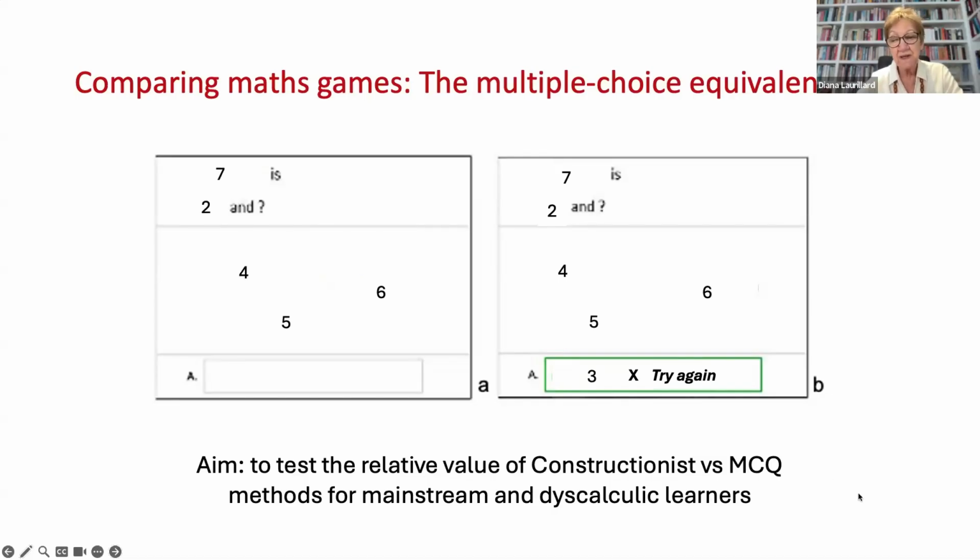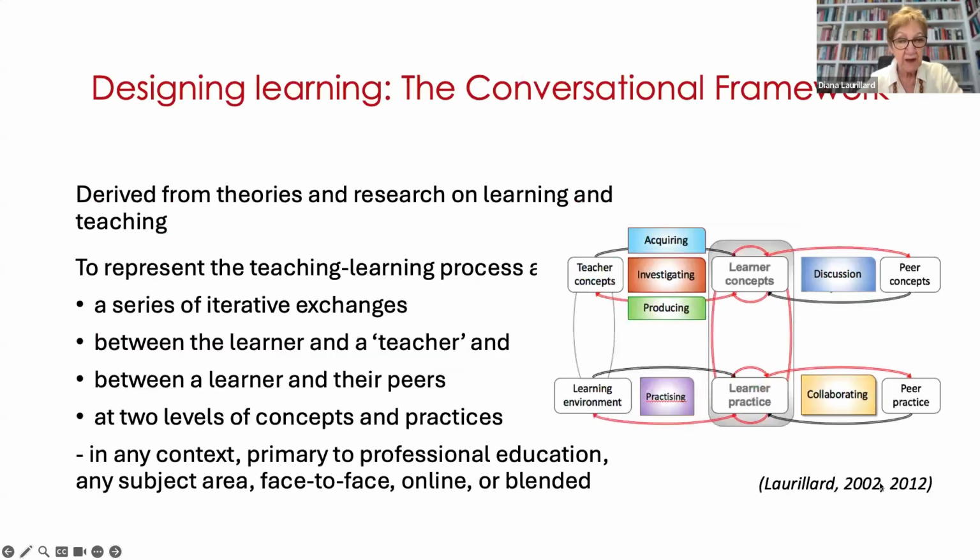So how do we account for this kind of difference in the value of the learning process that we're designing? Well, some years ago, I developed the conversational framework, as Nancy just referred to it. The point of the framework is to be a simple summary of the main theories of teaching and learning across the last century or so.